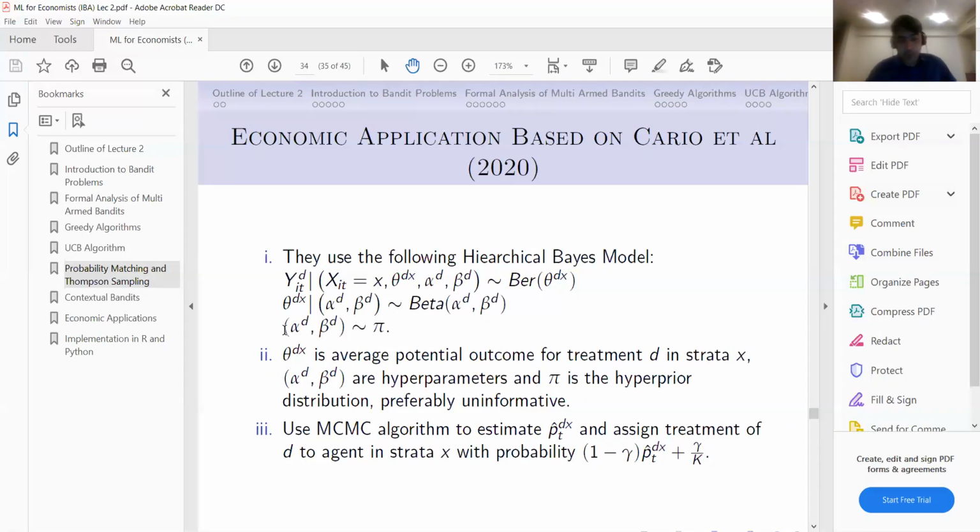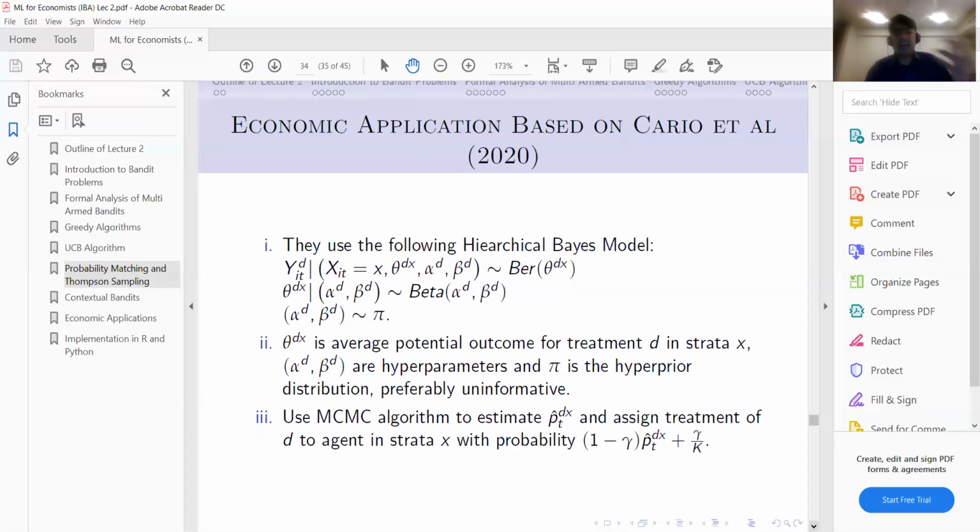So this makes things a bit complicated, but this is the model that they use. The Bayesian updating becomes more complicated because of this, but essentially they're just doing Thompson sampling and Bayesian updating and drawing from a posterior, which just has a very complicated form in this case. Theoretically, the idea is simple.